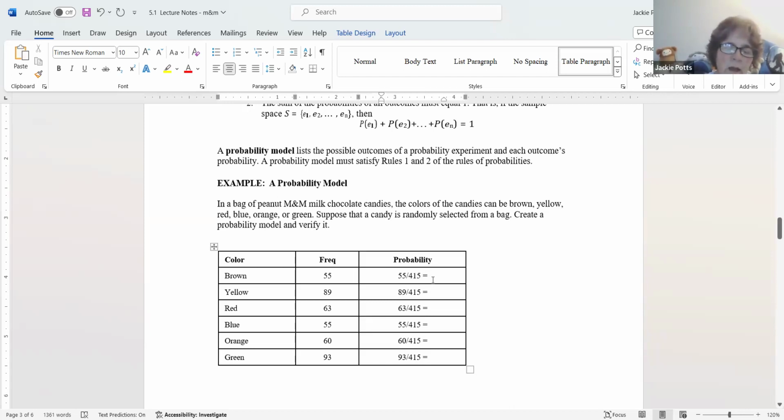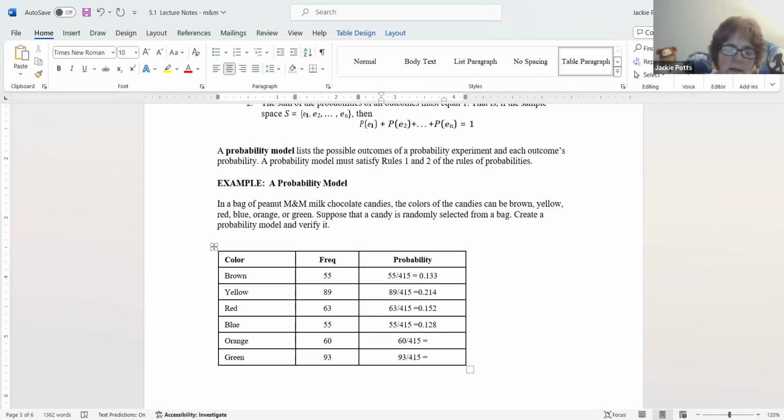So 55 divided by 415 gives me 0.133. It's 0.1325, which causes it to round. Then 0.214, 0.152, 0.128.